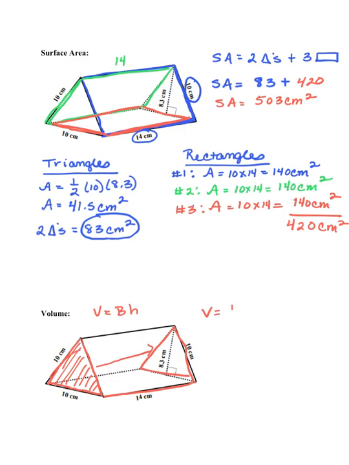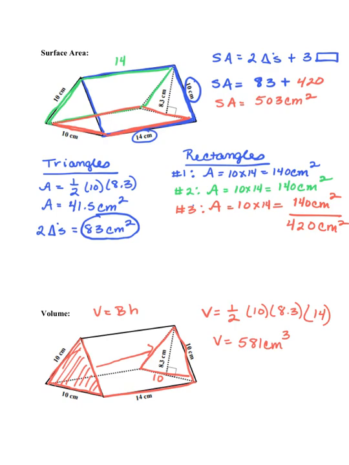So my volume is 1/2 the base of that triangle, which remember back up top we figured was 10, times the height, 8.3, times the height of that prism, which is 14. Multiplying those numbers together, we get a volume of 581 cubic centimeters. All right, and that's it for our lesson today.